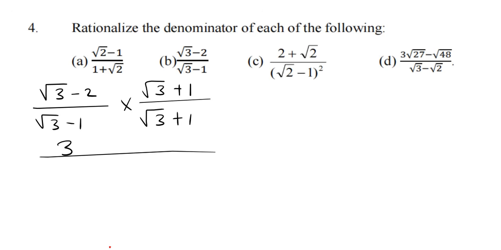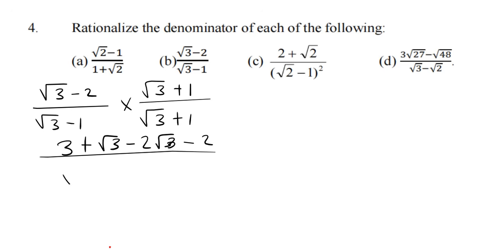Then I'm going to have plus root 3. Then negative 2 multiplied by root 3, I'm going to have negative 2 root 3. Then negative 2 multiplied by 1, I'm going to have negative 2. Then down, I'm just going to get the one with a negative, and I'm going to square each of them.